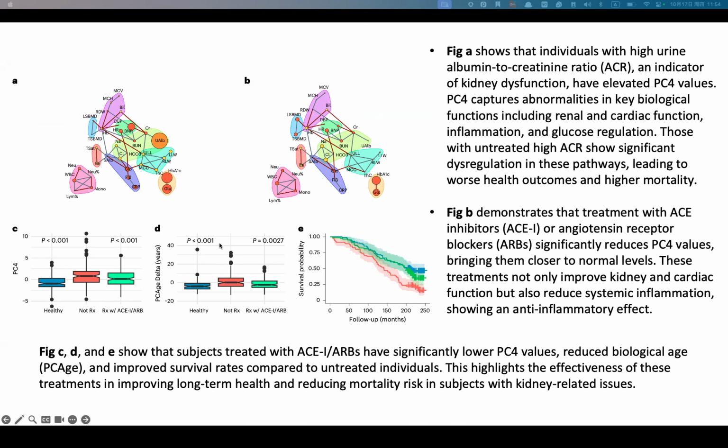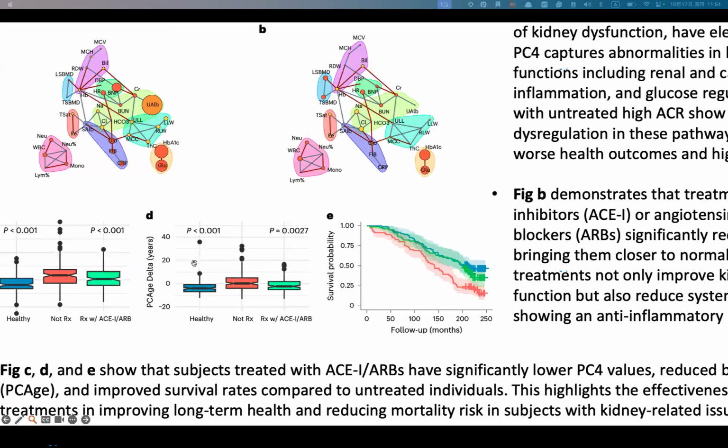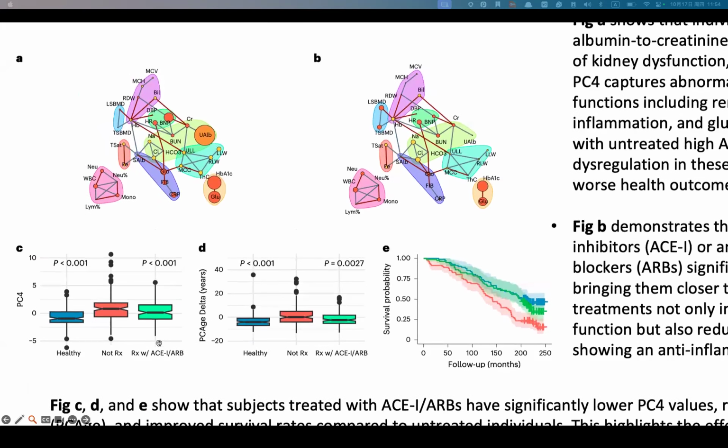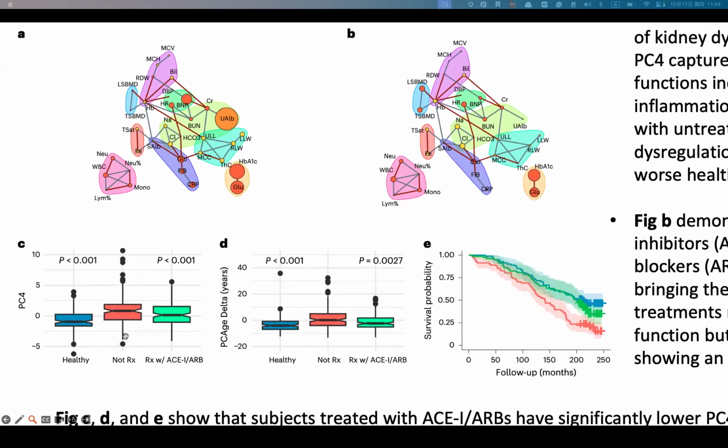And these are the two pictures. They're very clinical and hard to see, so I'll explain it the easy way. The blue one is the healthy, and the red one is the person with the disease who hasn't accepted the treatment.